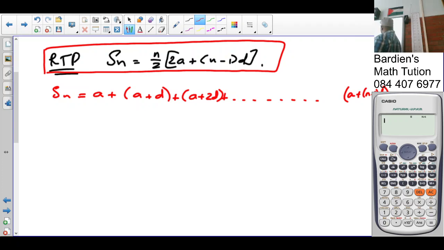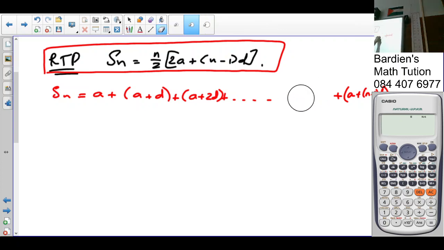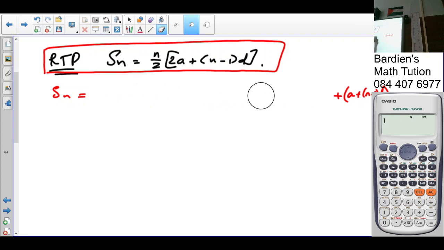Now the term before that is going to be a plus (n minus 2)d. I'm going to write this a bit smaller so we can fit more in.